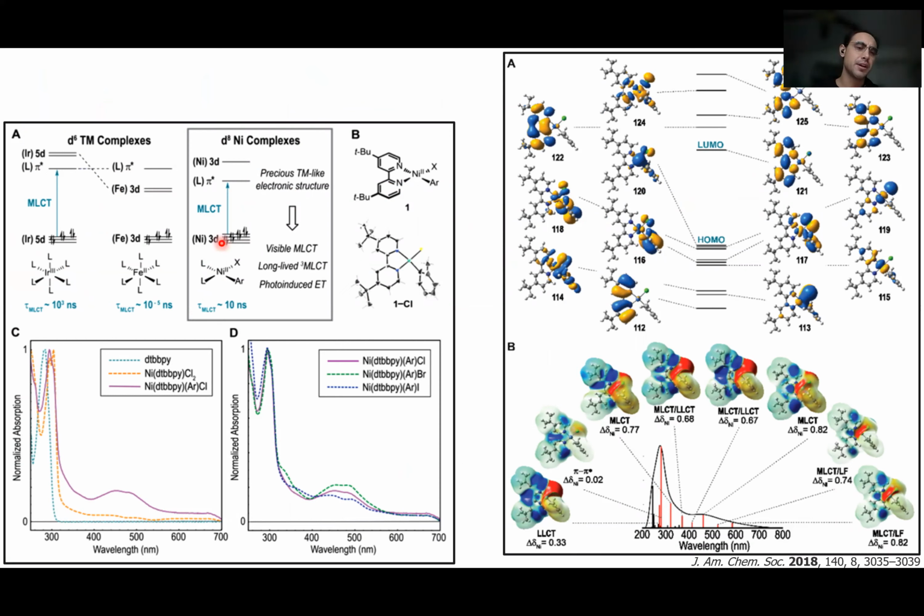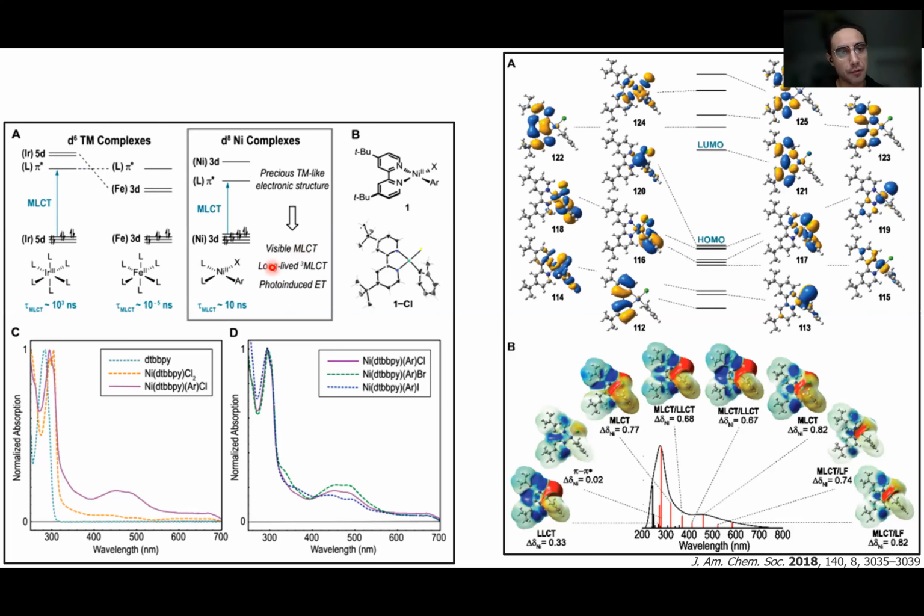The similarity occurs because the pi star orbital of the di-tert-butyl bipyridine ligand lies below the metal d orbitals, and this gives way to visible light photocatalysis.